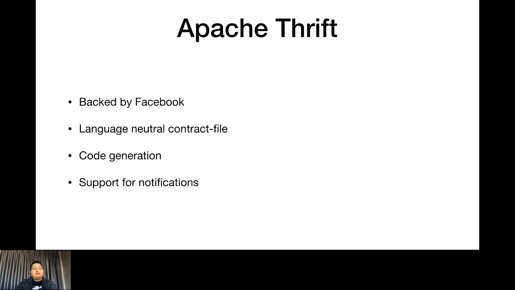From that contract, you can generate code in many different languages, which you can then use straight in your application. What is nice about Thrift is that, in contrast to REST, it provides support for notifications. So we can send a request to the server but not get any response, whereas in REST, the server probably still needs to send some kind of response.